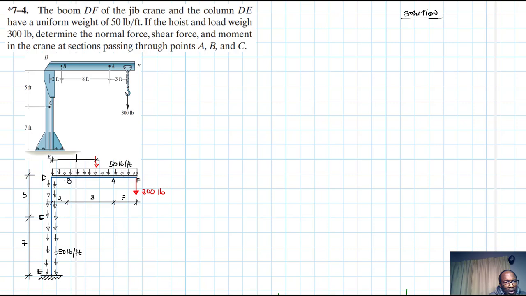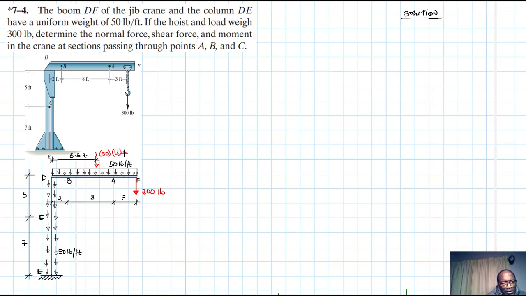So this length is 2 plus 8, 10 plus 3, 13. Half of 13 is 6.5. And the equivalent weight is just the area under this load diagram, which is the intensity of the load times the length, which is 13.